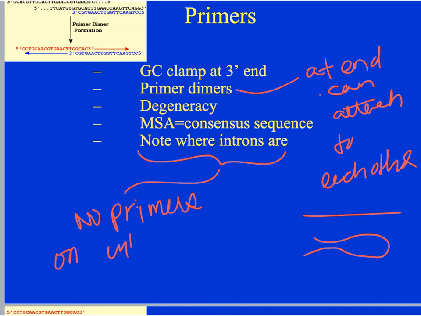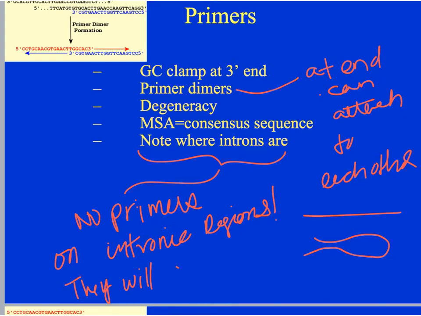and you have a sequence here. In other words, if your intron's here and you build a primer here, it's never going to work on genomic DNA, because it's only going to bind the first 3 bases, and then it's not going to find a hybridization place.